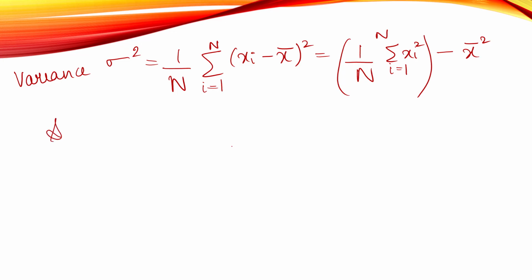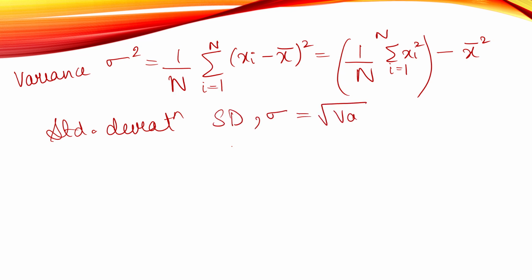Now we know that standard deviation, or SD, or sigma, is equal to the square root of variance, or the square root of sigma square. So this is the formula.